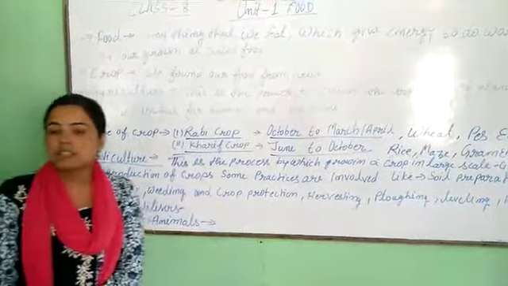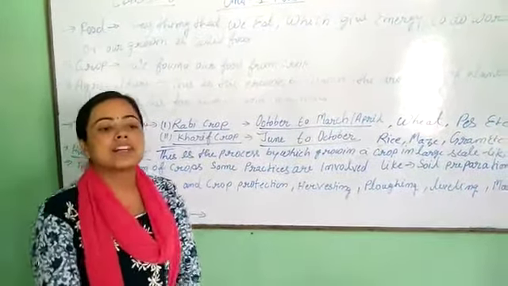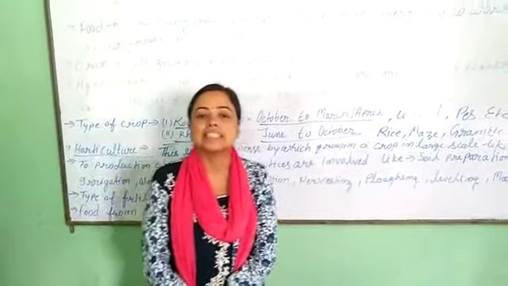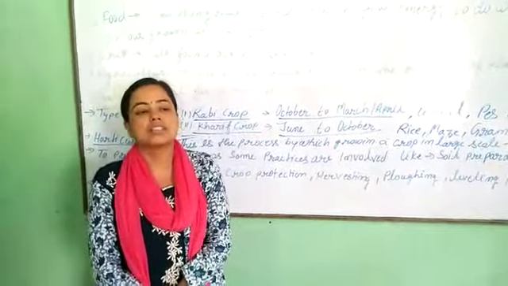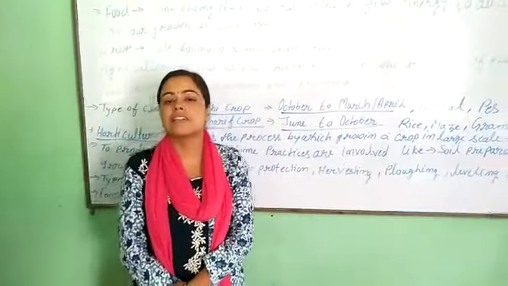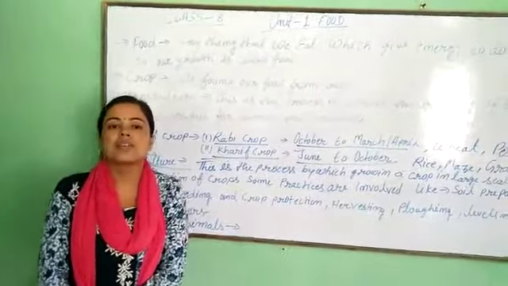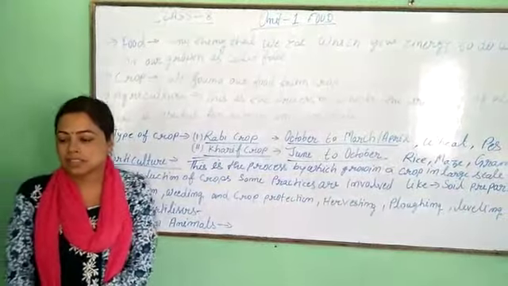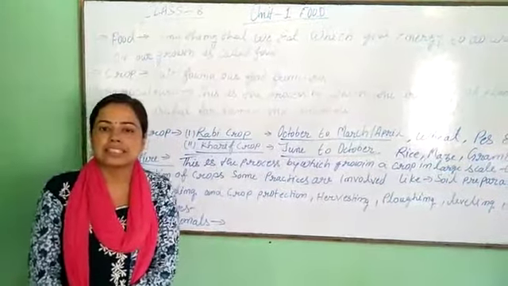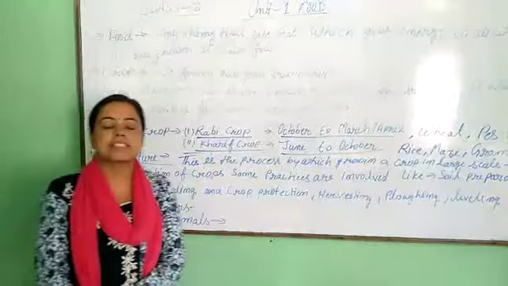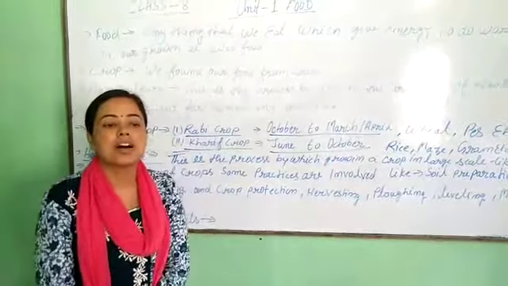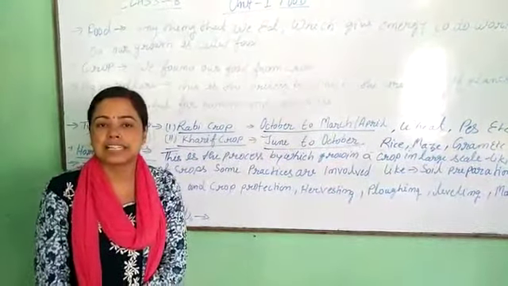Let's see another part of agriculture, that is animal production. This is also a part of agriculture. In this another form of cultivation, we grow animal products, like pisciculture, the production of fishes on a large scale.